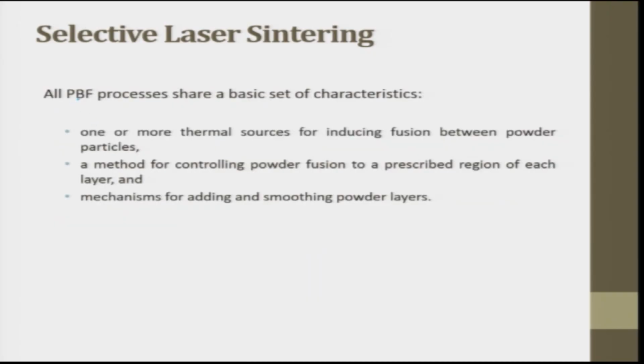All the PBF processes share a basic set of characteristics. One or more thermal sources for inducing fusion between powder particles. What is fusion? Powder particle joining is called fusion. A method for controlling powder fusion to a prescribed region of each layer.